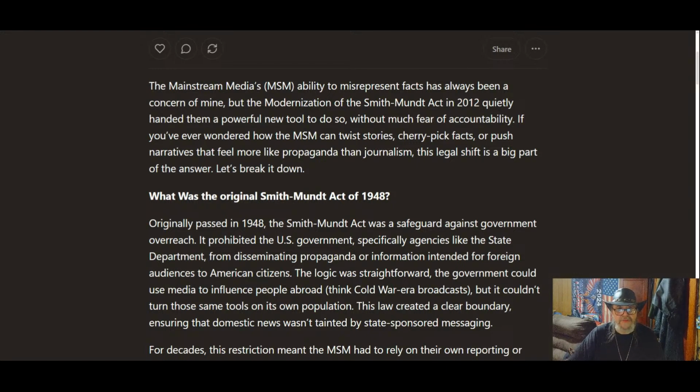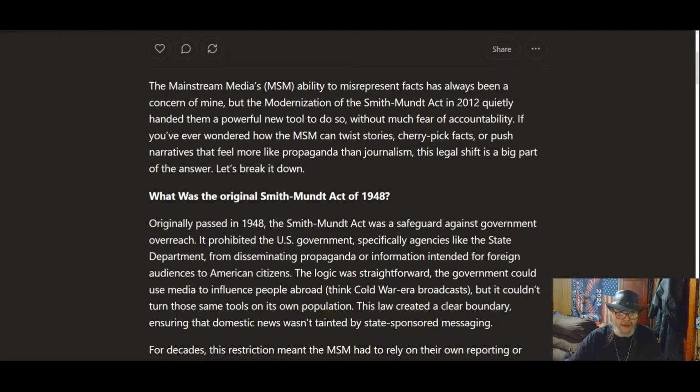But the modernization of the Smith-Mundt Act in 2012 quietly handed them a powerful new tool to do so, without much fear of accountability. If you've ever wondered how the mainstream media can twist stories, cherry pick facts, or push narratives that feel more like propaganda than journalism, this legal shift is a big part of that answer.